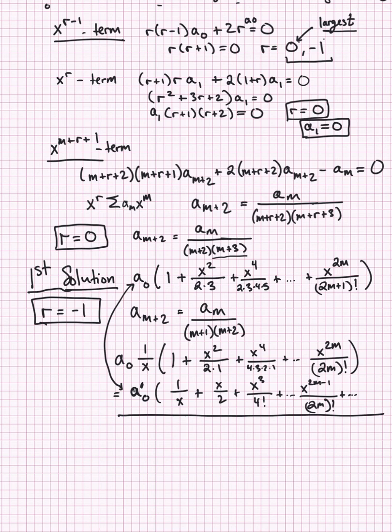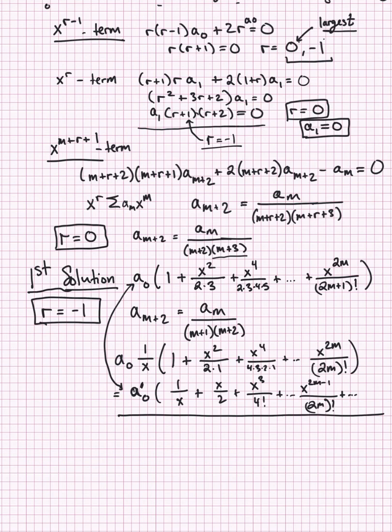So notice here, there's something that got a little funny. For the x to the r solution, I obtained that a1 has to be 0 because a1 times a positive number is equal to 0. This isn't true if r is minus 1; then all of a sudden I don't have to assume that a1 is equal to 0.